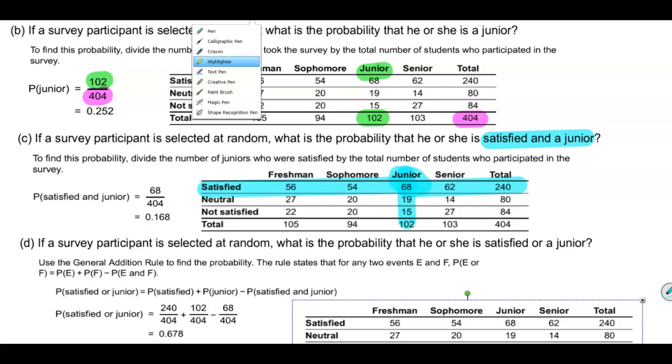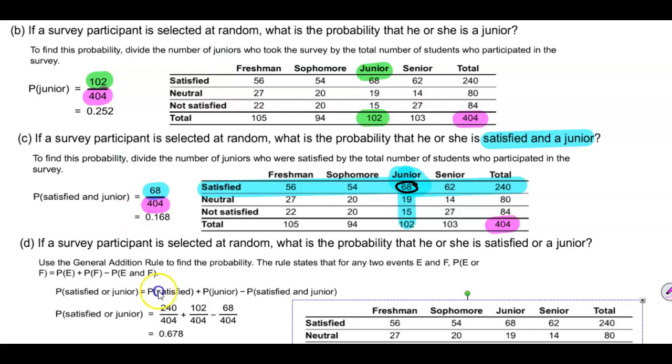Well, they intersect at 68, because that means that 68 represents that it's a junior and they're satisfied. So what we're going to do now is take that result, which is 68, and again divide it by the total number that's surveyed, which gives us 0.168.